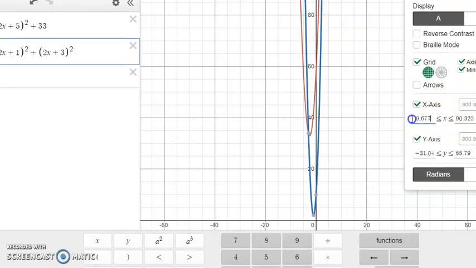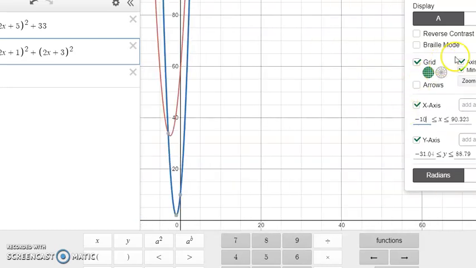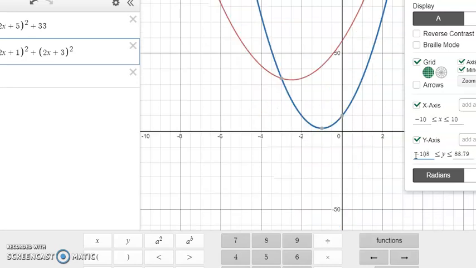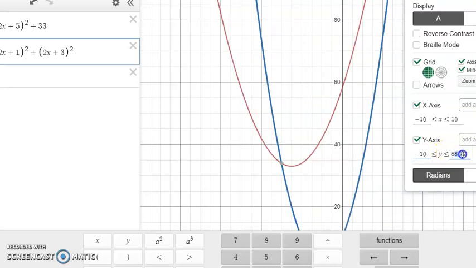For me, you can see that you clearly only need to go over to about -10 for my x min, and then my x max, same deal, I'm going to go to +10. So you can see the graph really opening there for us. And there's no negative, so I'll just make y min -10 because there isn't much negative y-axis, and then it goes up.